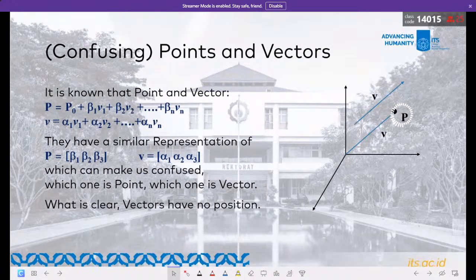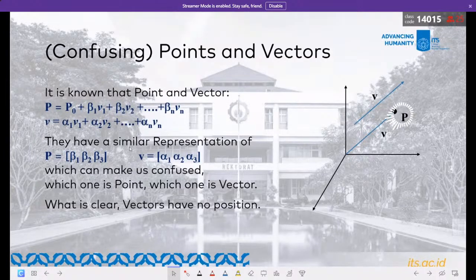Perhaps this starts to make you confused. In fact, in JavaScript, usually we just treat these two things, vectors and points, the same. But in the end, our rendering library, our graphics library, needs to treat them differently.